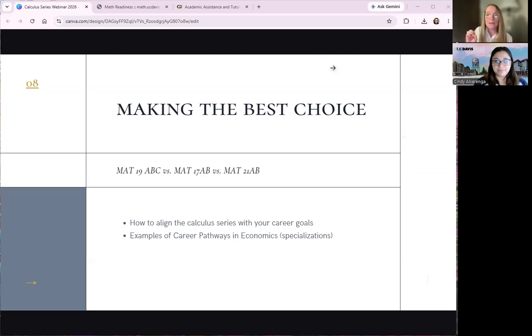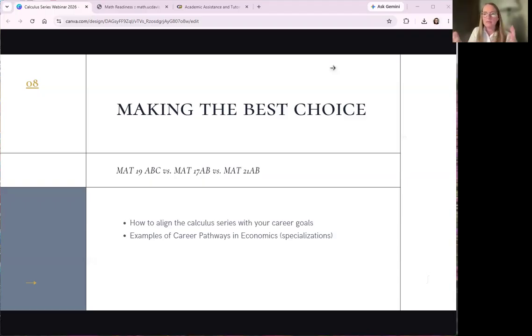So, when it comes to the specializations, we have a wide variety of things you can do with economics. It can be public policy. It can be a data analyst for Amazon or Google. It can be teaching economics at the high school level or at the college level. There's also just, oh my gosh, you can do anything.